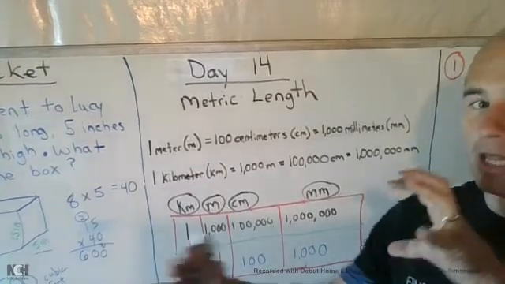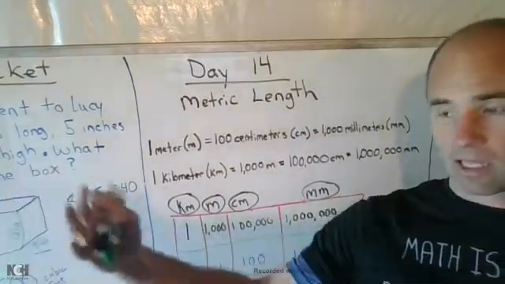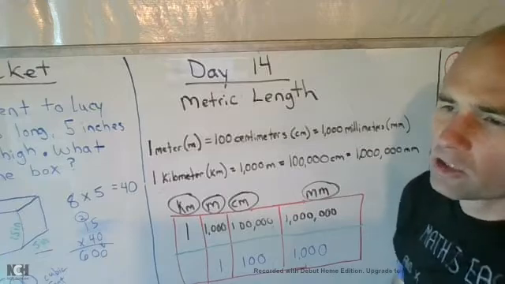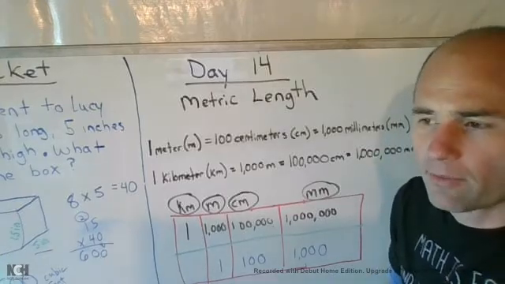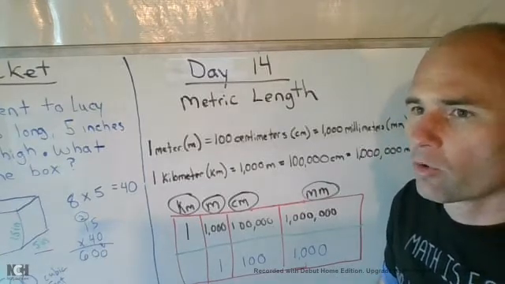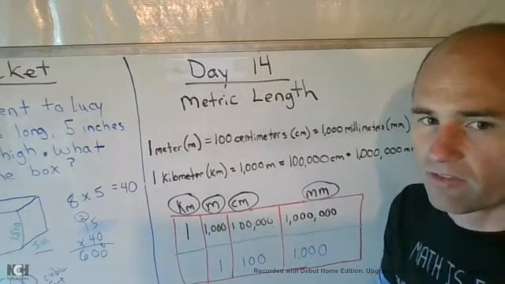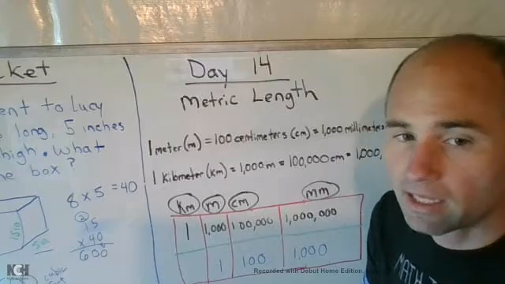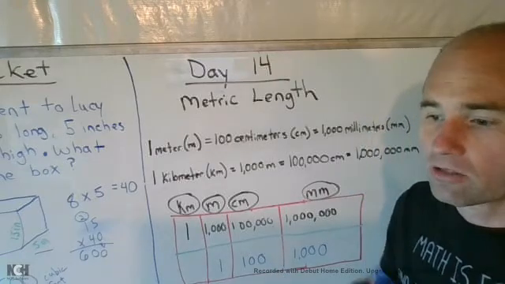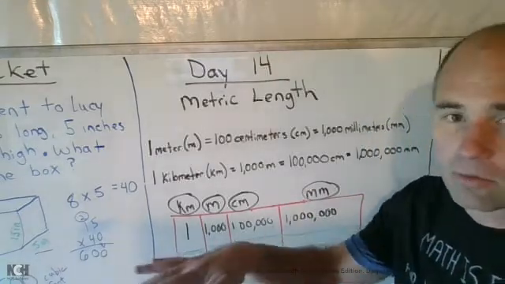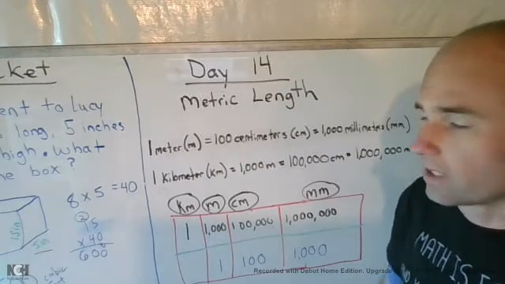Now, if we even start with a larger measurement, like kilometers, if you're interested in knowing how far a kilometer is, we're talking a little more than a half a mile. A little more than a half a mile. And then a meter is as tall as like a doorknob from the floor. All right?